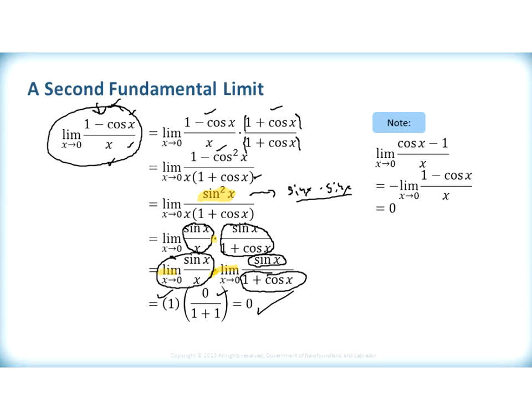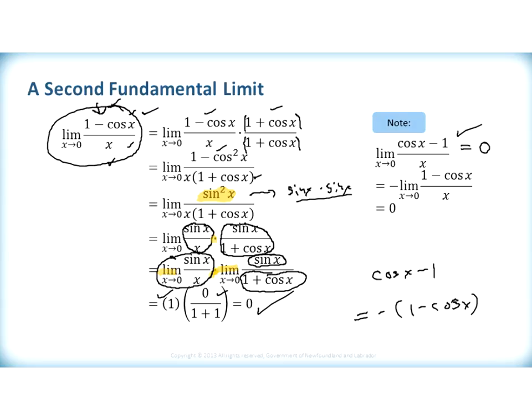So this limit actually turns out to have a value of 0. One little note before we move away from this. We set this up in the first place as 1 minus cosine over x, but just as easily we could have done it this way, as cosine of x minus 1 over x. Why are they both equal to 0? Well, think about this for a second: cosine of x minus 1 is just the negative of 1 minus cosine x.